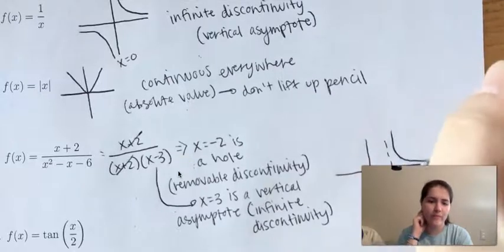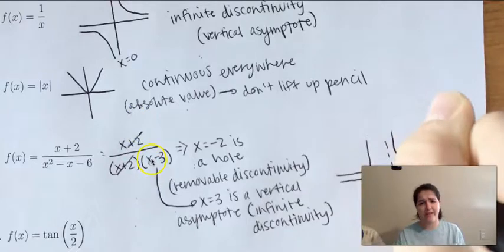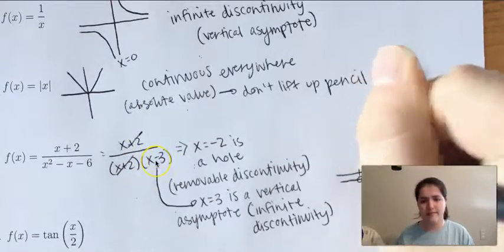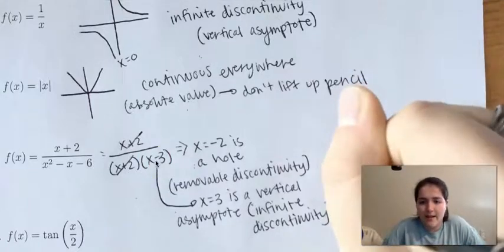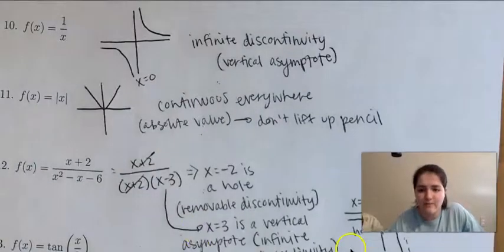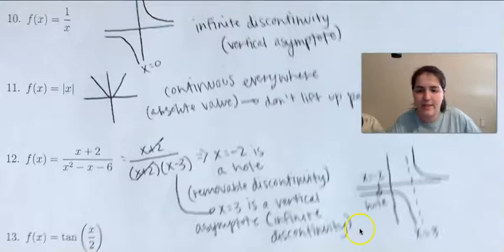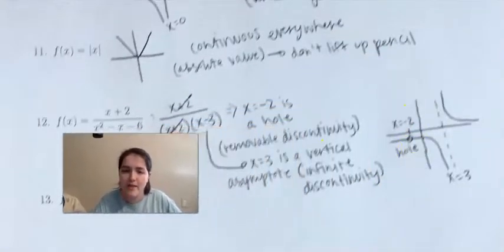So holes are when we have the same thing top and bottom and we can cancel them out, and asymptotes are when it's just the one thing. So here, again, the graphs are not necessary, but it's easier to visualize and easier to get the concept of, but wow, this is difficult.